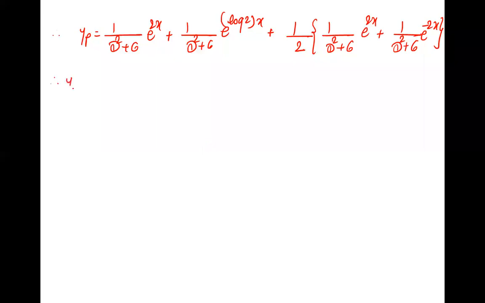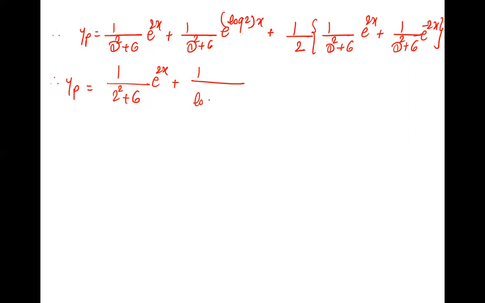Okay, therefore, here what will be the substitution? At this step, D equal to 2. So it is 1 upon 2 square plus 6 e raised to 2x. Plus 1 upon, for this D, what will we substitute? Log 2. Yes, in each power.